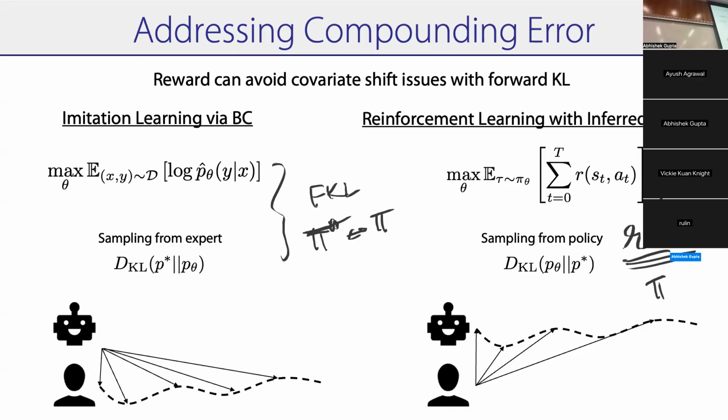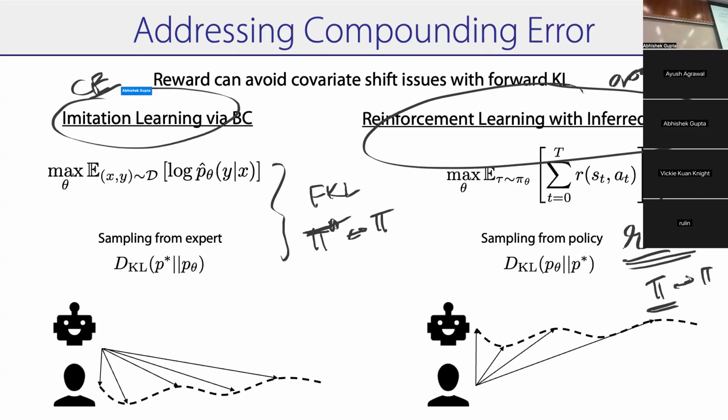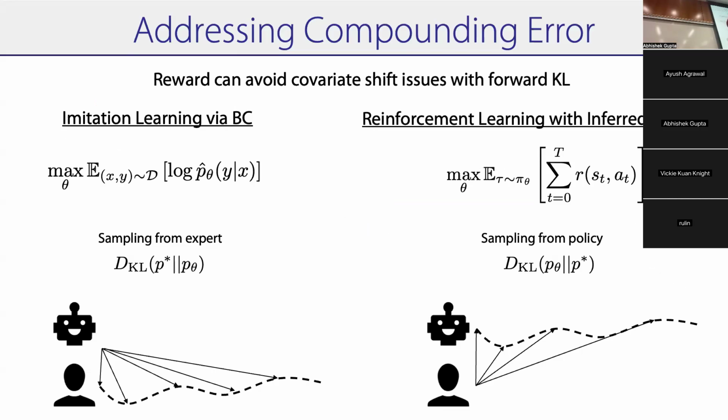In RL, you're training under your policy and evaluating under your policy. So this avoids compounding error, and this has compounding error. If you're ever thinking about why use inverse RL, these are the typical reasons. It's going to be a little painful, so when you're in the hell of inverse reinforcement learning, remember this motivation and it'll motivate you.